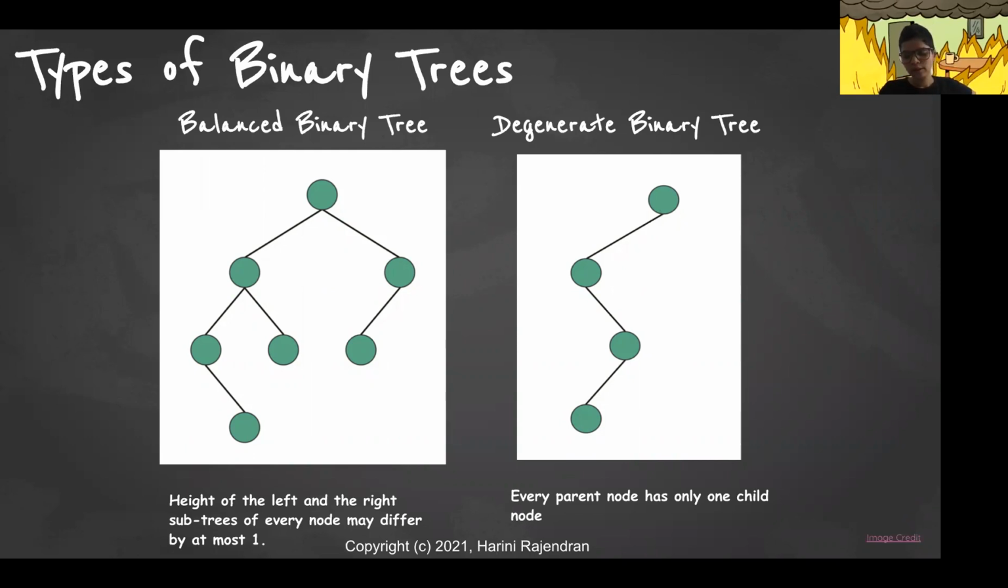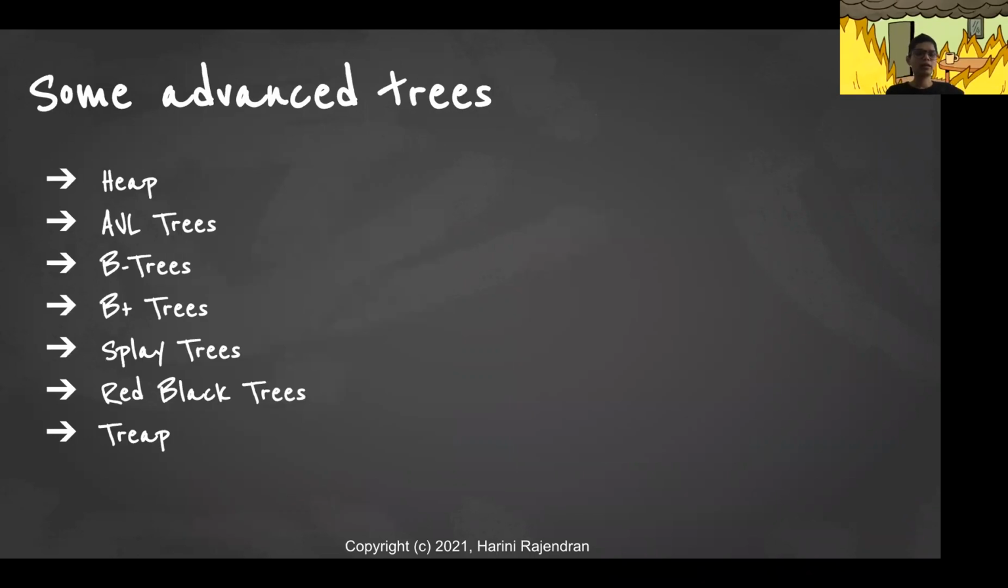There are a lot of other advanced tree data structures like heaps, AVL trees, B plus trees, etc. They are very complicated. Actually, in the past 6+ years in the tech industry, I've used heaps for some of the use cases, but after grad school, I've never really used all of these other trees much.